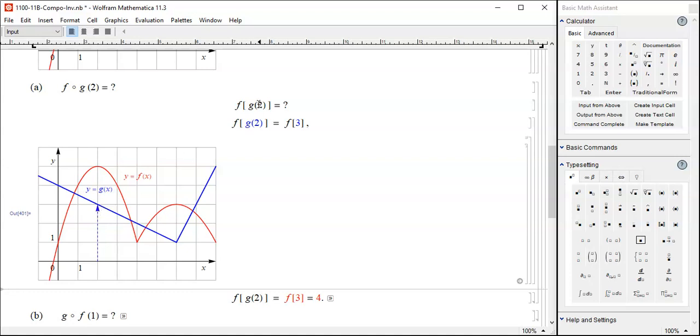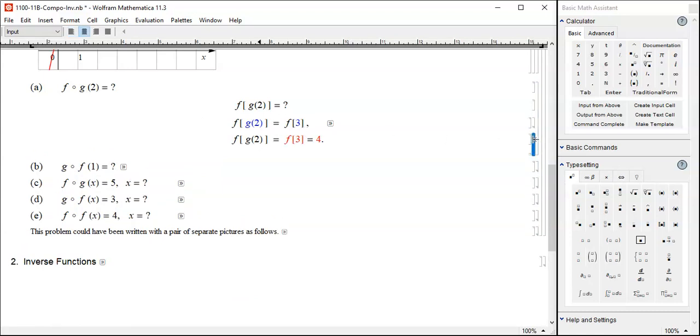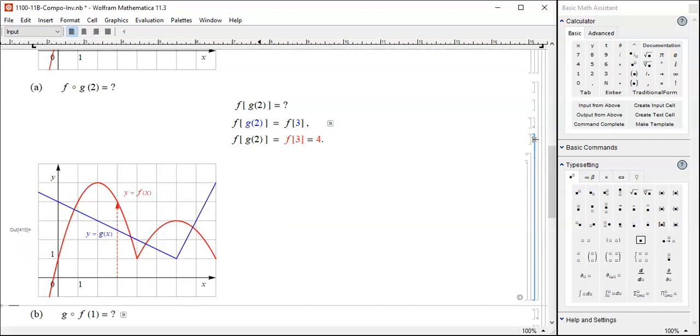That's not the answer. g of 2 is 3. That stays inside this parenthesis. Now I have to look at f of 3. This time, work on the graph of y equals f of x, the red graph. x equals 3, go up vertically, hit the point on the graph. The function value is the y coordinate. So that's 4.